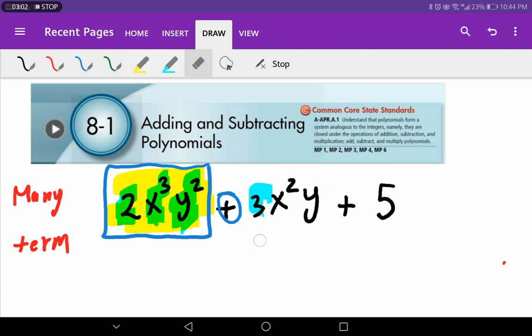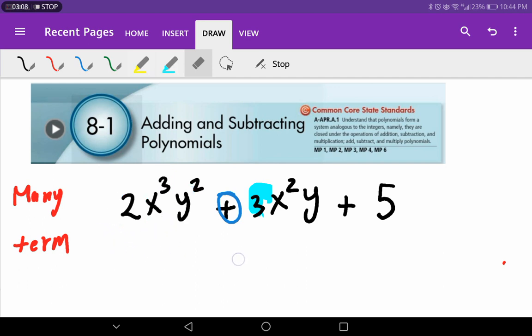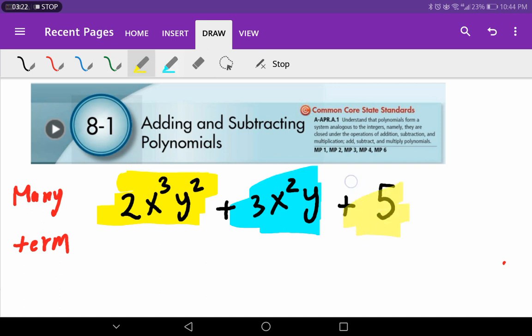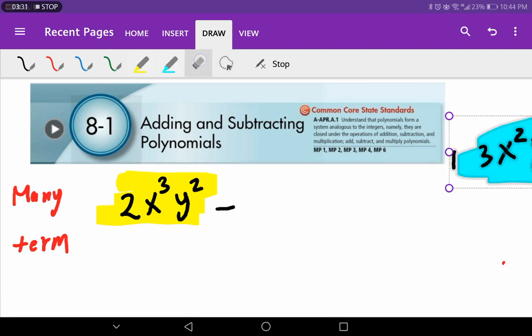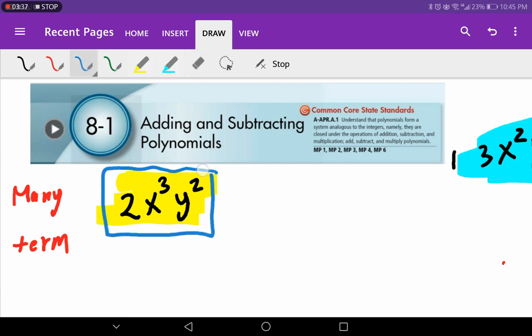Now you know what the term is. Now we have another name for the terms, my dear student. If I take this alone, let me cut this, for example, and throw it away, and ask you what we call the individual term, if it is alone, it has a name.